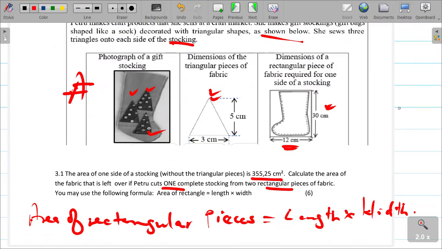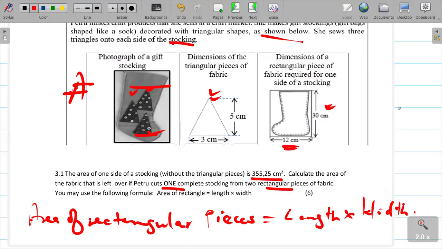The area of the rectangular PCC is given from here up to there as those pieces that are there. So we are saying we get these measurements as 30 centimeters by 13 centimeters.